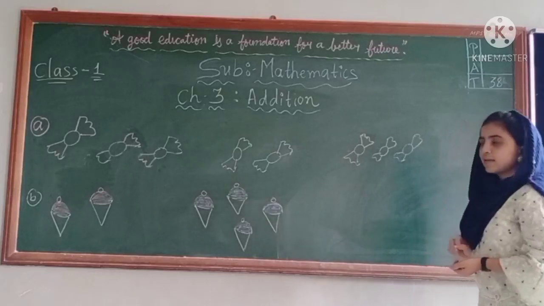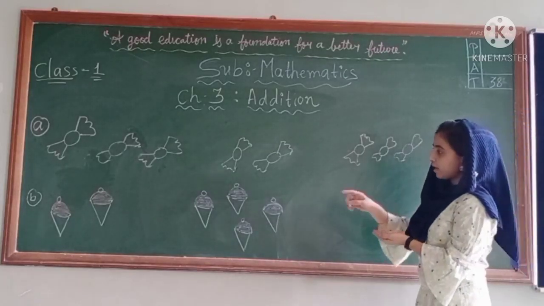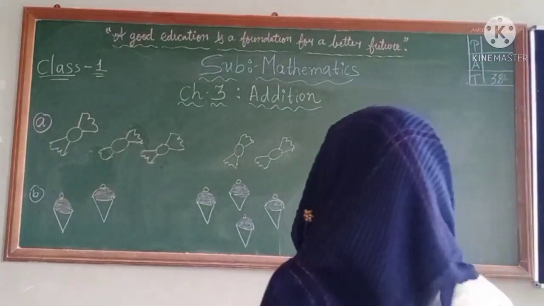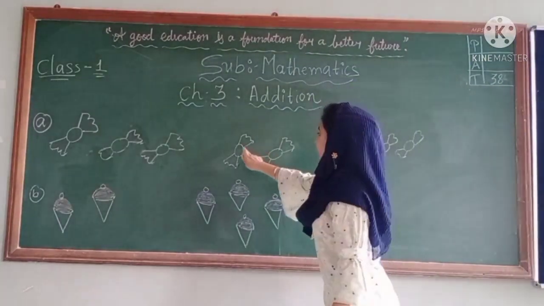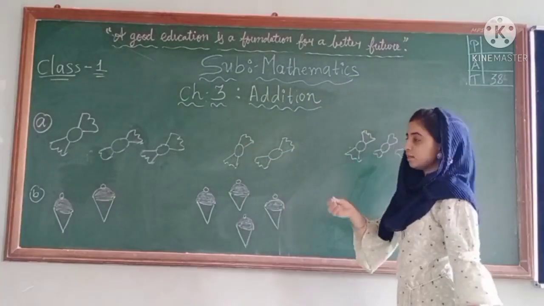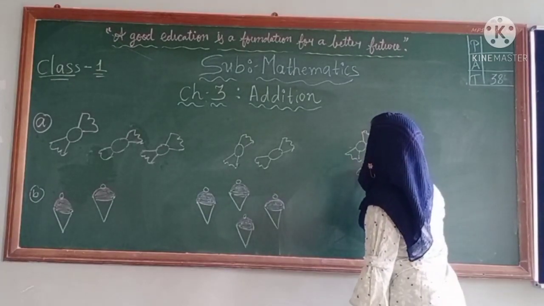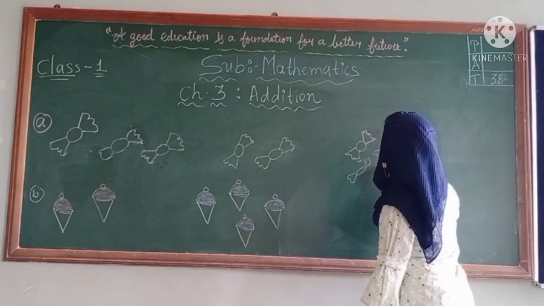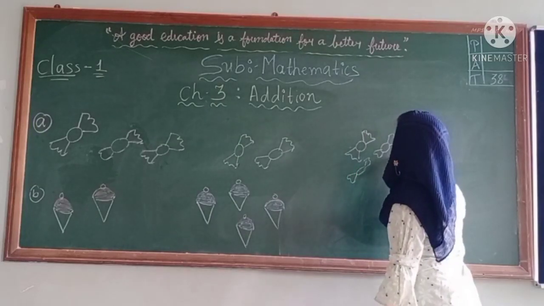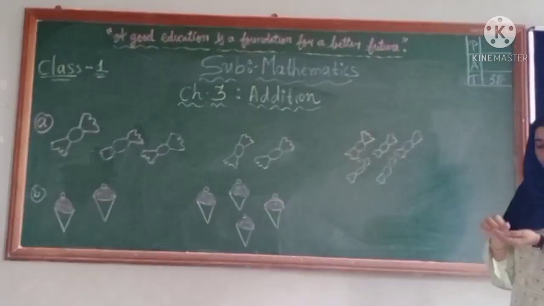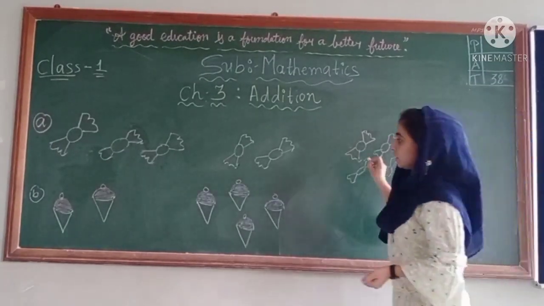So 3 chocolates I will draw, then I am having 2 chocolates of green color, so I am drawing 1 and 2.